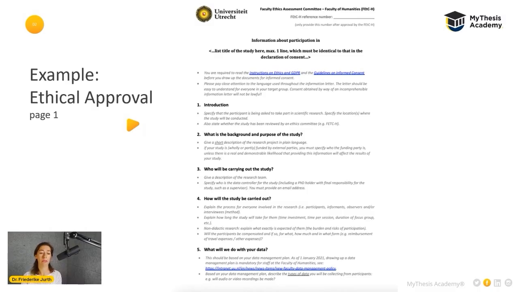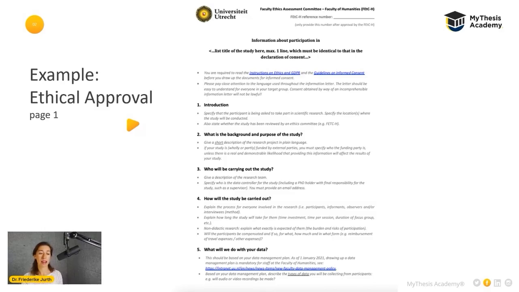Here you can see that as a first point, you need to inform about the process and name everyone who is involved in the research, such as the participants, the informants, but also the observers, for example, and further interviewees or experts. Whoever takes part has to be named here.